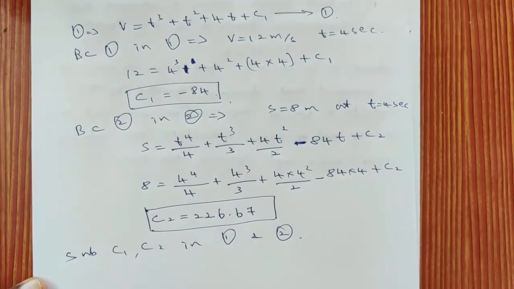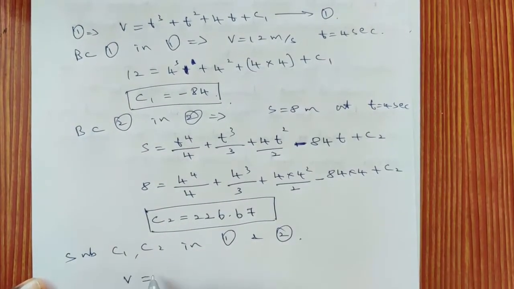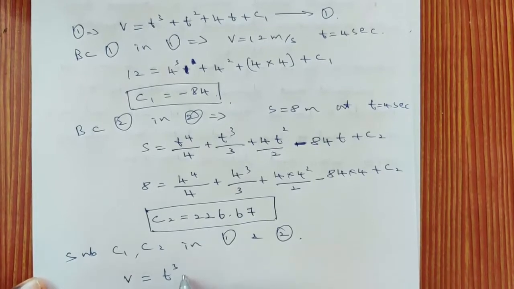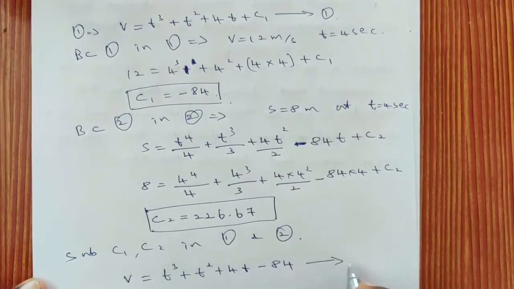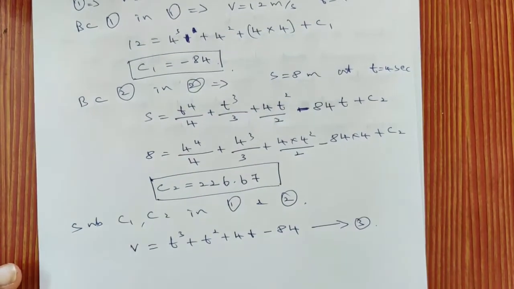So now equation 1 became V is equal to t cube plus t square plus 4t minus 84. So make this equation number 3.